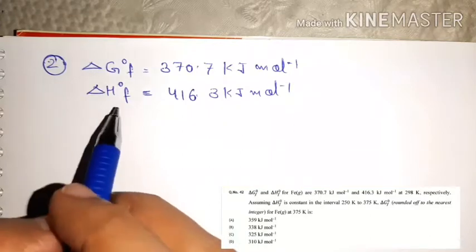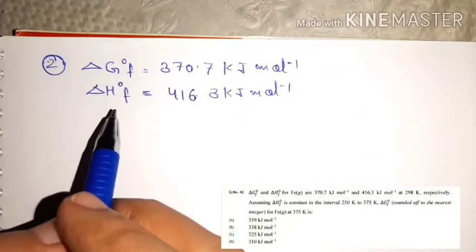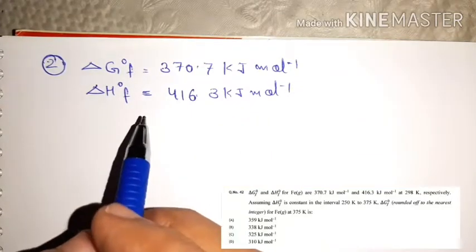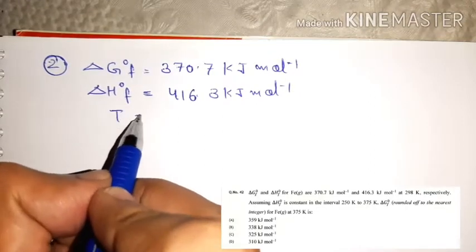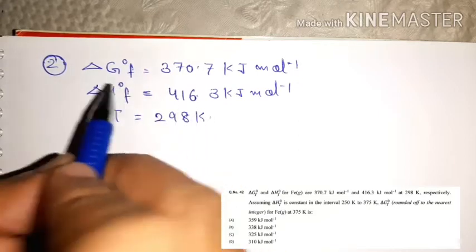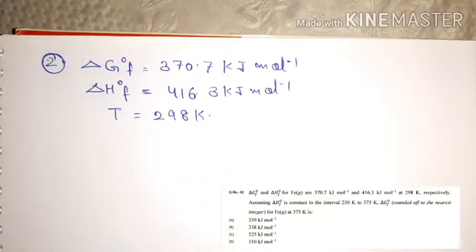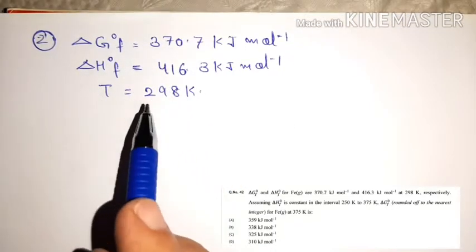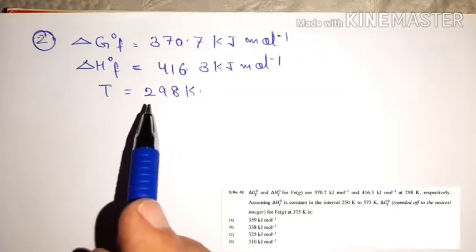That is change in Gibbs free energy and change in enthalpy. Now from these values, and the temperature is 298 Kelvin at which these values are obtained, according to your question.